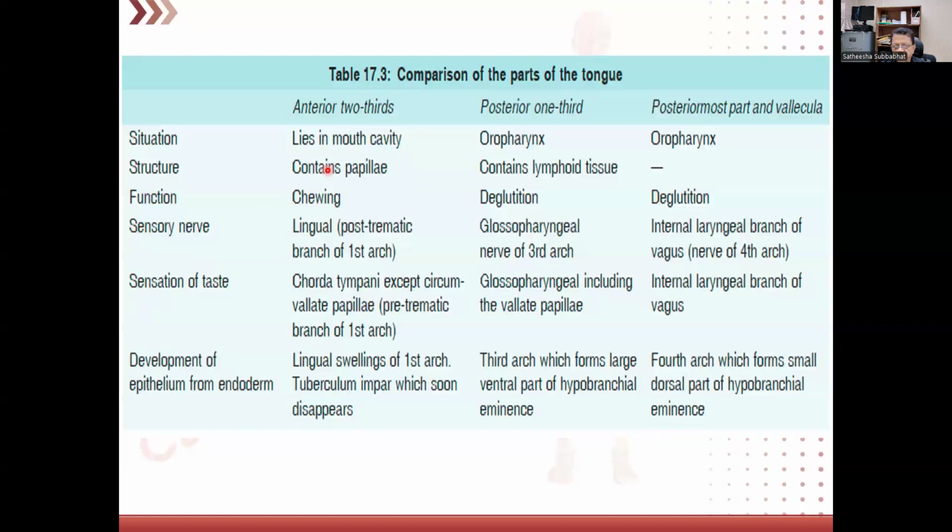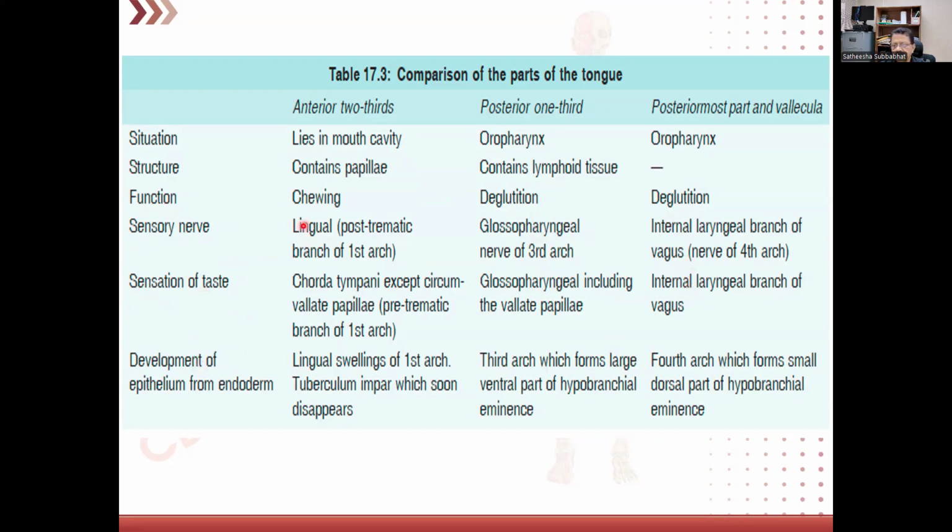Sensory nerve, already we have seen. The lingual nerve as well as chorda tympani nerve, special sensory and general sensory, whereas posterior one-third, glossopharyngeal, and posteriormost, the branch of vagus nerve.